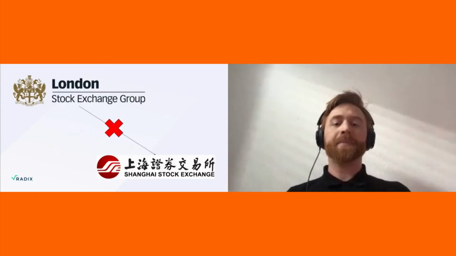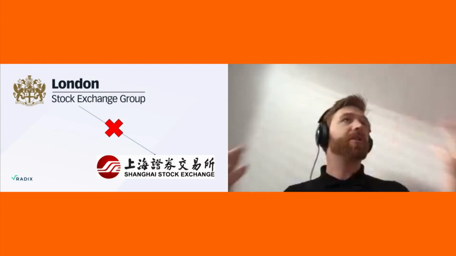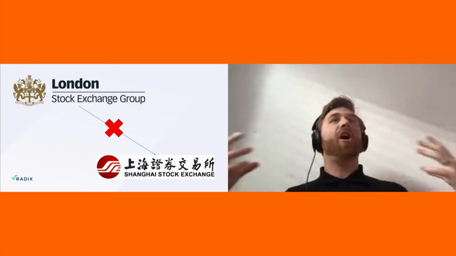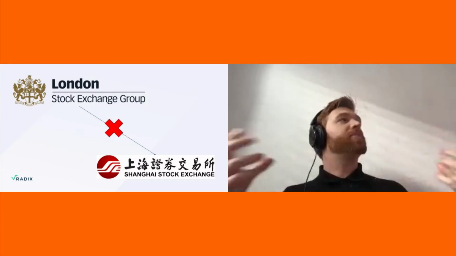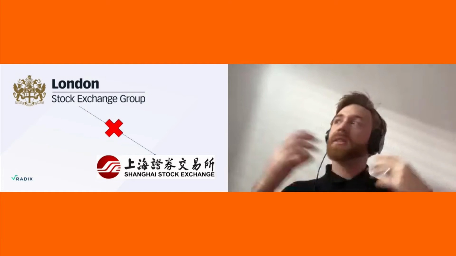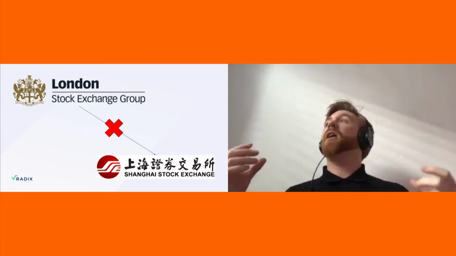Now, a really simple example of this is the London Stock Exchange and the Shanghai Stock Exchange. This is the old school method of doing things. If you think about owning some stock on the London Stock Exchange, and you're like, hey, there's some stock on the Shanghai Stock Exchange that I really want, and I'm fully allocated.